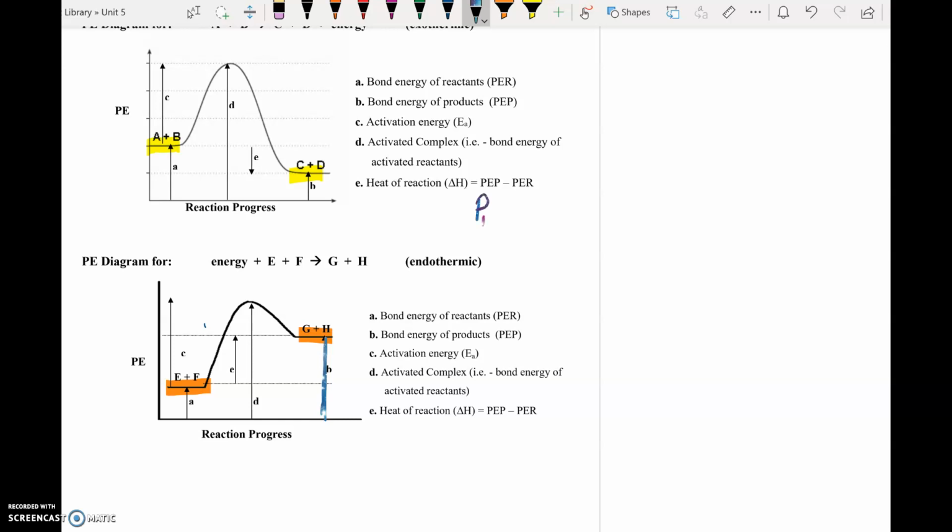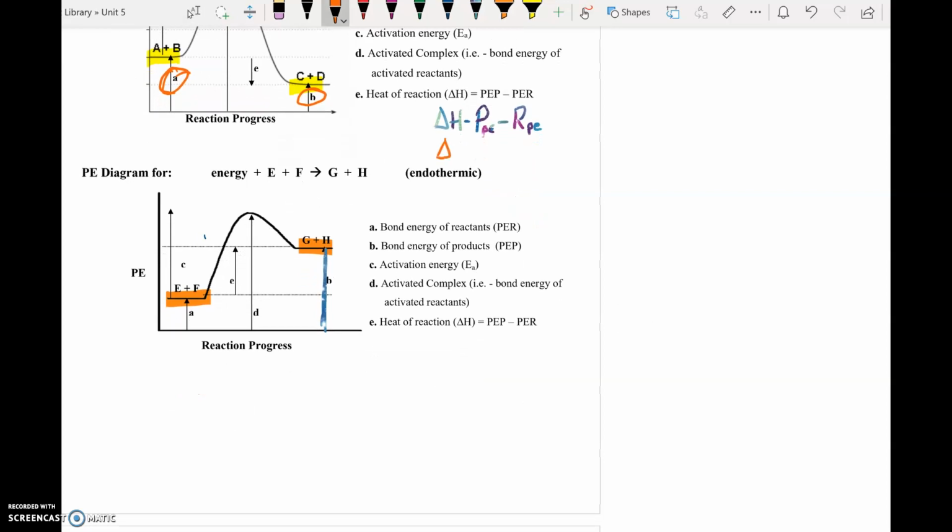That's delta H. If you look at the diagram, it's going to be letter A and letter B. So delta H on that graph is going to be equal to letter B minus letter A.